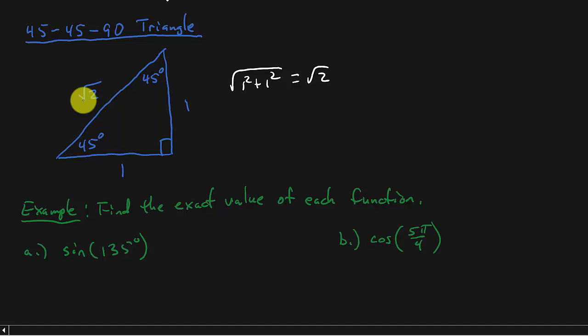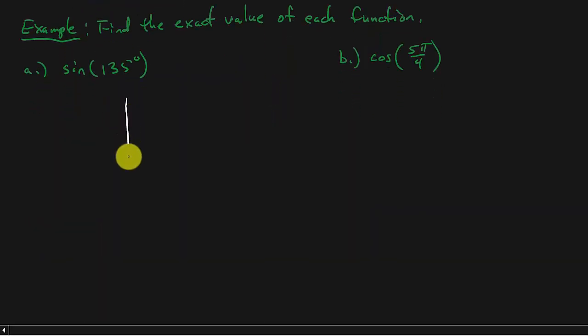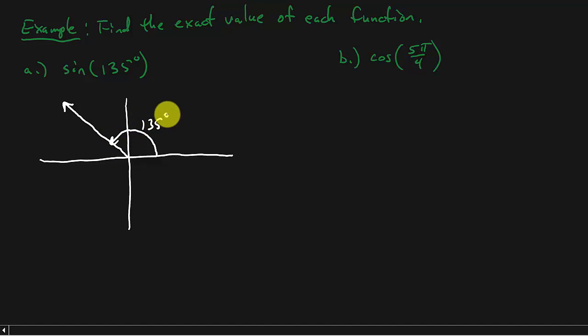All right, so find the exact value of each function. So we have the sine of 135 degrees. Let's go ahead and draw this out. So 135 degrees is here, and that's in the second quadrant. We'll talk about the quadrants more later on.